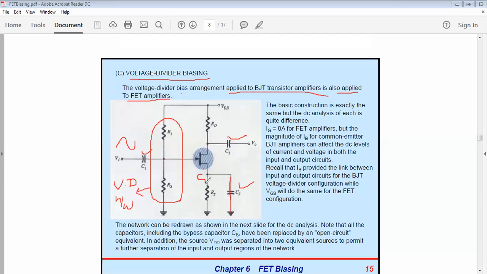Whenever the capacitor is short circuit, the source terminal is directly connected to ground. For AC analysis, the source terminal is directly connected to ground.